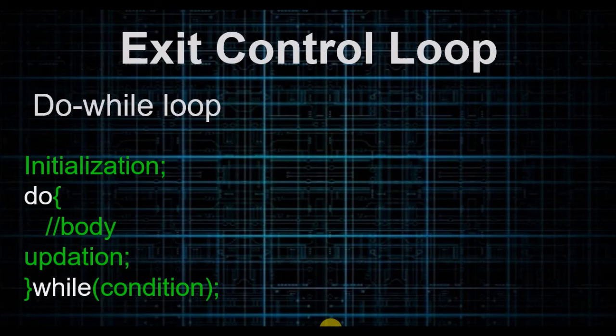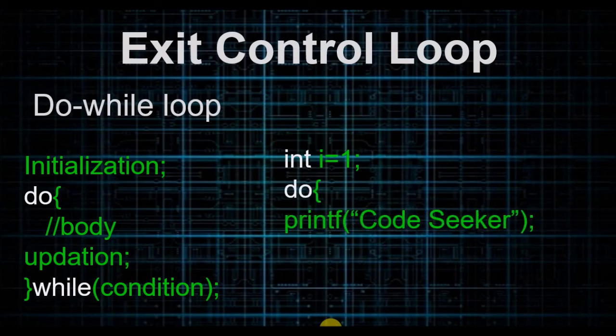It will be very clear with an example that we are going to see here. int i equals 1, that means I assign 1. do printf code seeker, i plus plus, while i equals 10. The do body is going to be executed, and then the condition inside the while is checked. Otherwise, the control will go out. This is the basic difference.